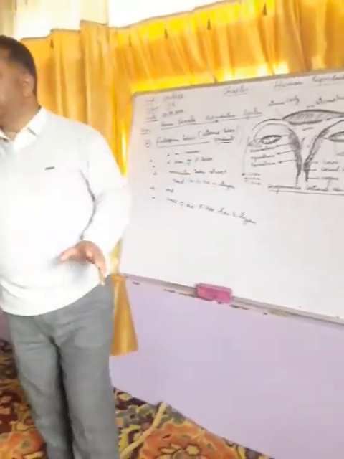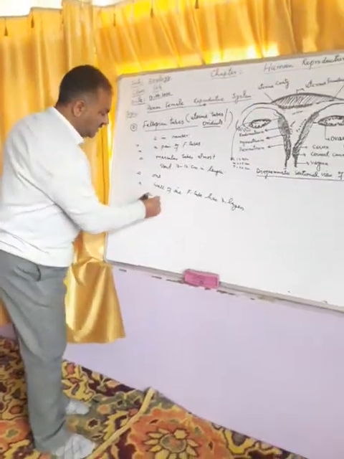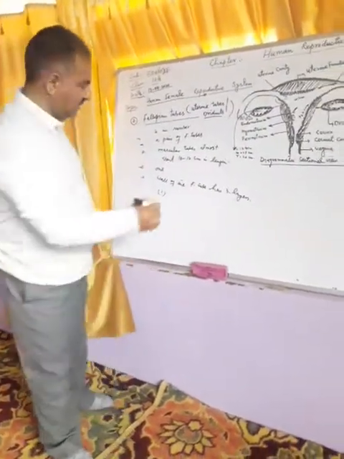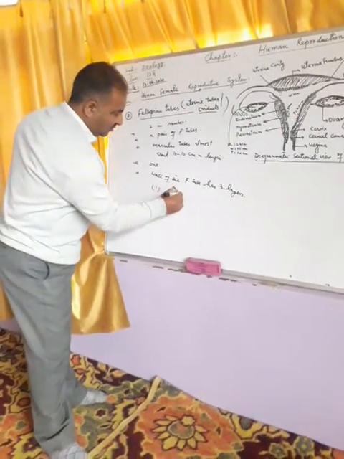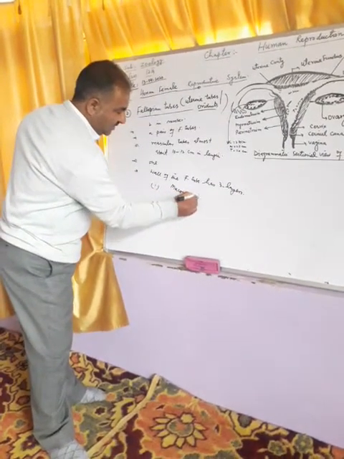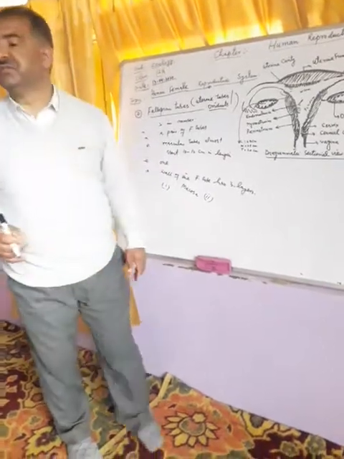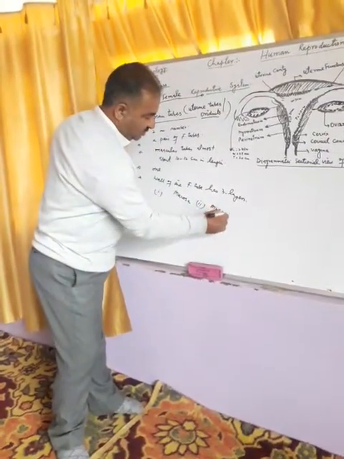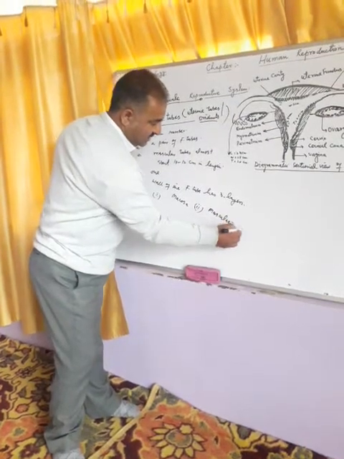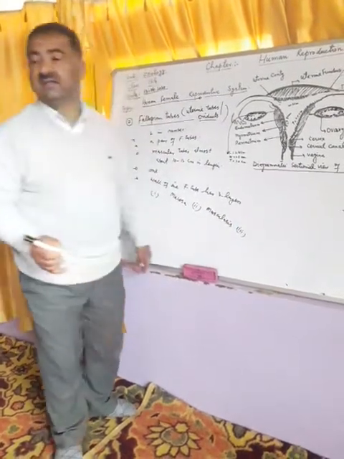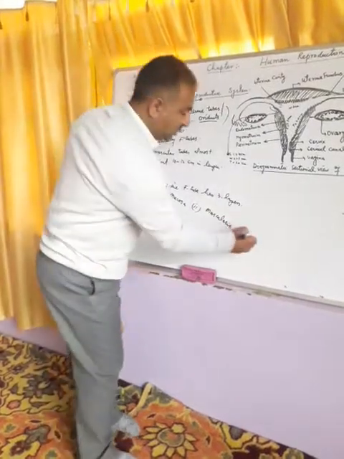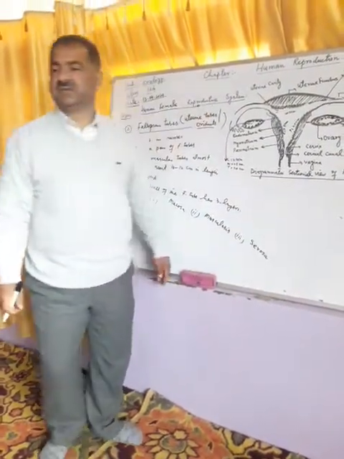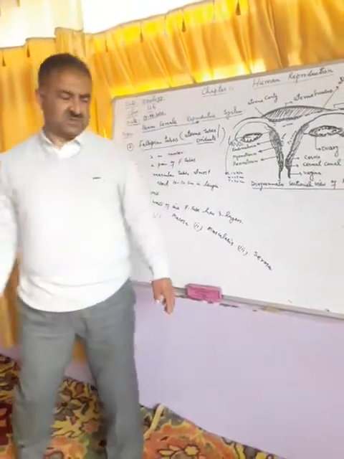It is composed of three layers: one is the mucosa layer, second is the muscularis, and third is the serosa.